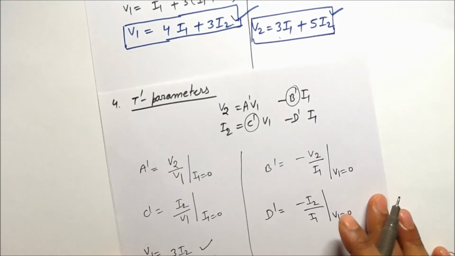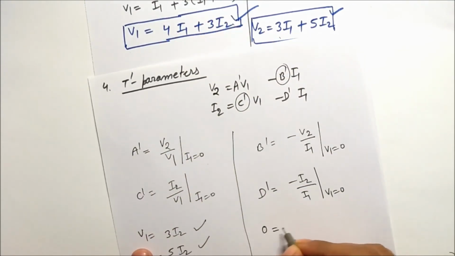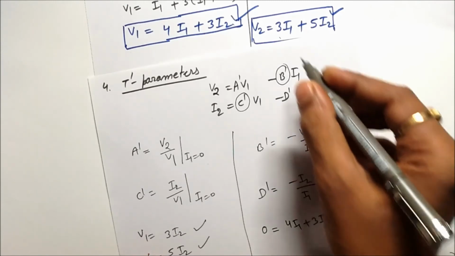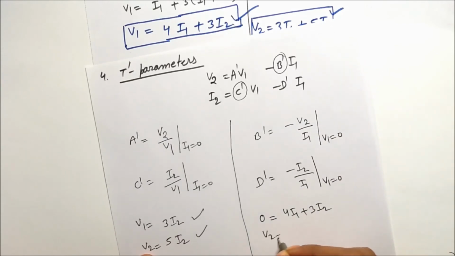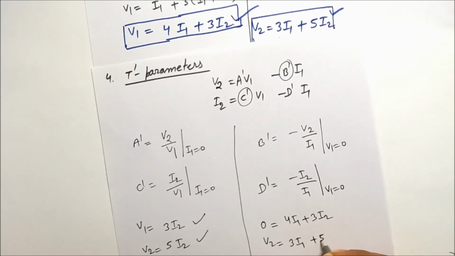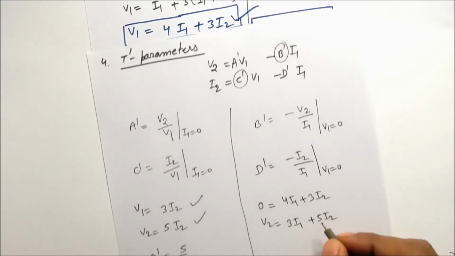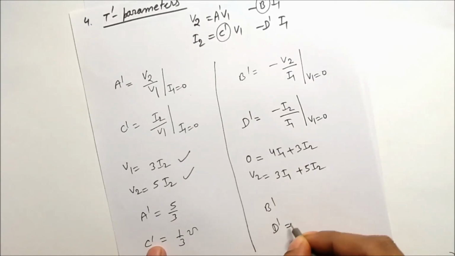So put V1 equals 0 in these two equations. It will be 0 equals 4I1 plus 3I2, and V1 is not present in the second equation, so the second equation will remain as it is, 3I1 plus 5I2. You can solve these equations and find the value of B dash and D dash.